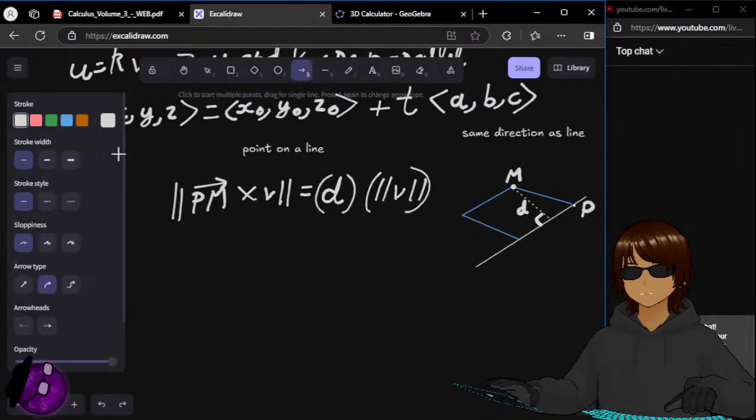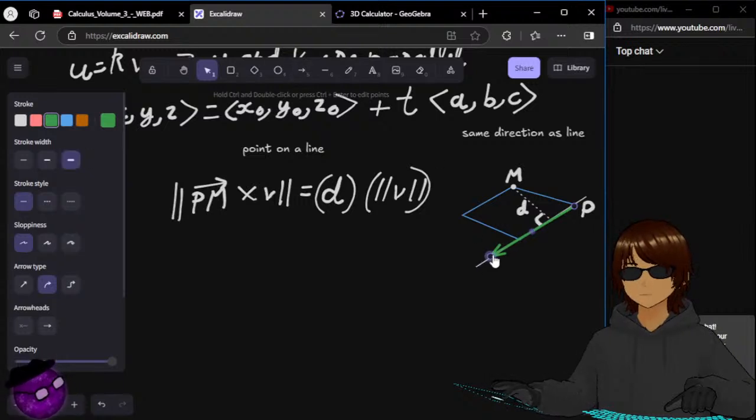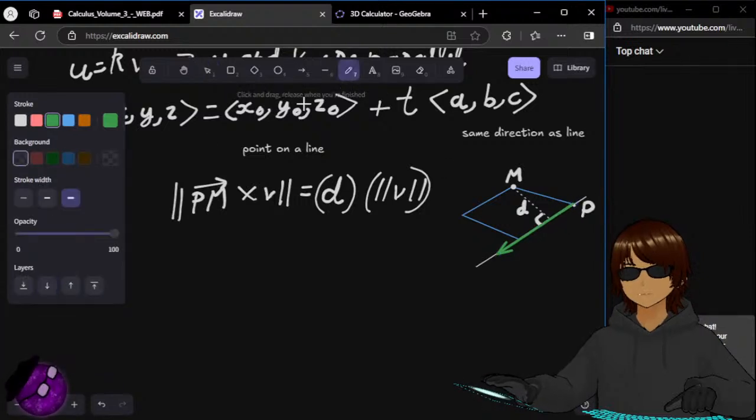So this is vector V. So the area of the parallelogram: this D is the shortest distance.